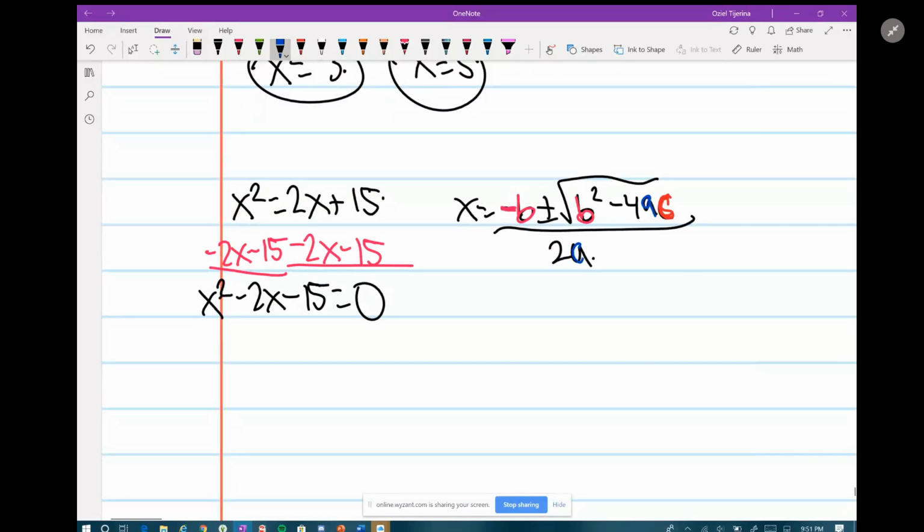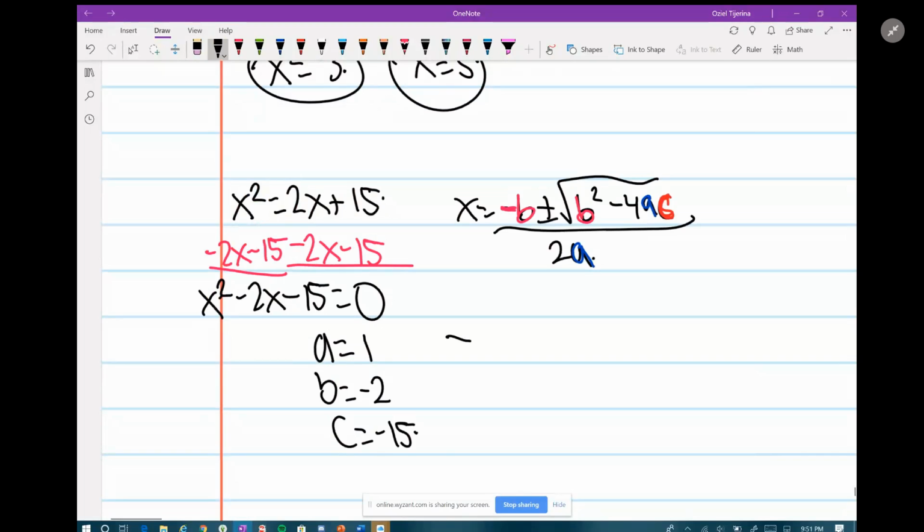Basically, first we're going to say what our a, b, and c equal. So a equals 1, b equals -2, and c equals -15. Now I'm going to go ahead and plug it in.